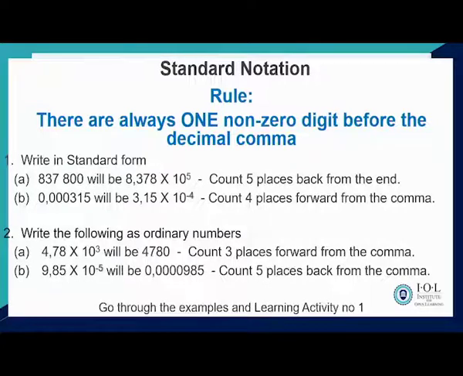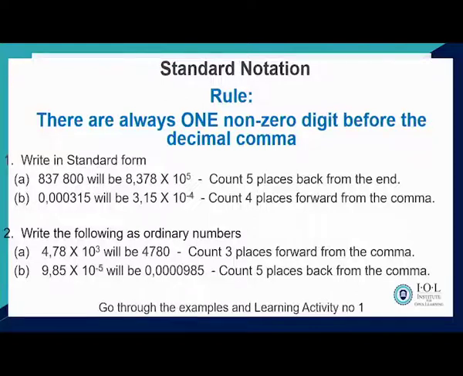So if I go backwards, I count now from 837,800. I start at the end because there's the comma. Even if it's a whole number, you start at the end. And you count backwards, 1, 2, 3, 4, 5, until I reach between the 8 and the 3. So then you will have 8,378.